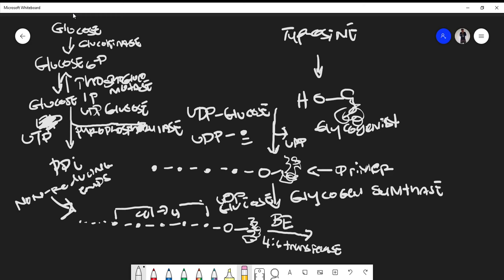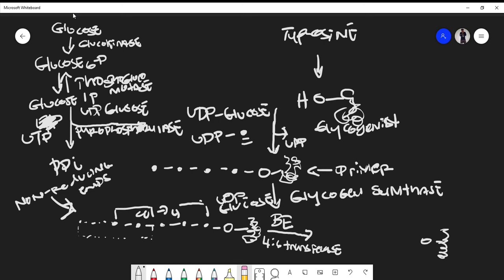What the branching enzyme does is that it goes to the non-reducing ends and takes about 6 to 8 of these glucose residues, cleaves at the 1,4 position, and then adds branch chains to the 1,6 position. So in other words, I still have my glycogen in here.